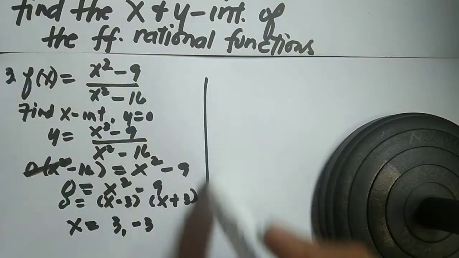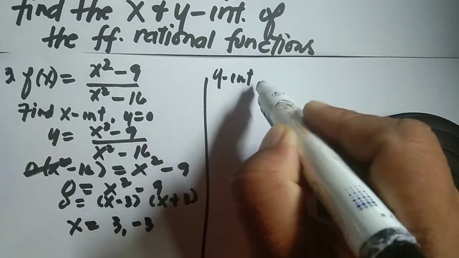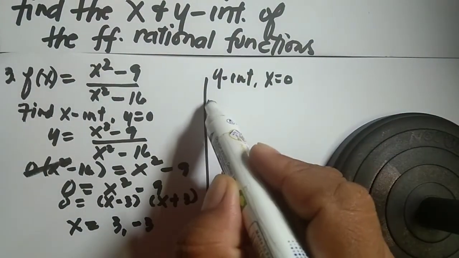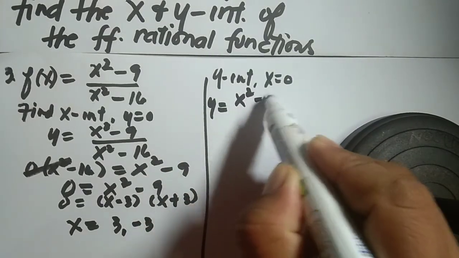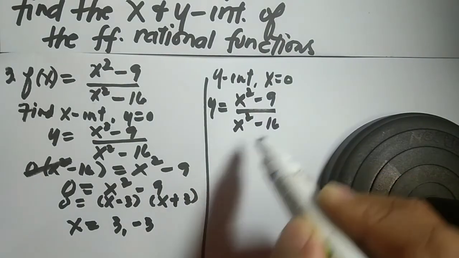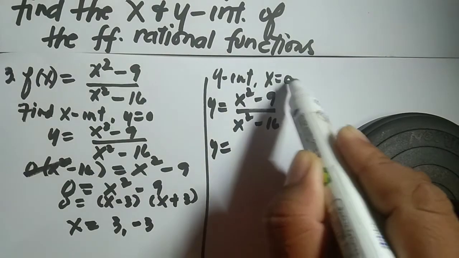How about the y-intercept? Our x is 0. We have y equals x squared minus 9 all over x squared minus 16. Instead of x, we substitute 0.